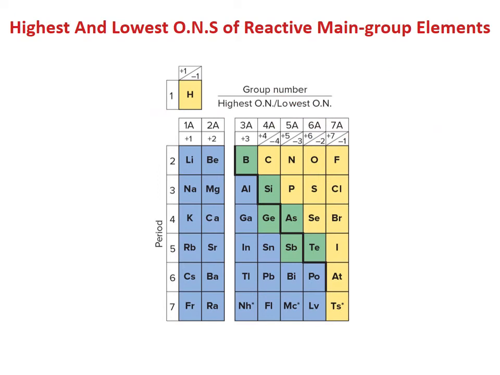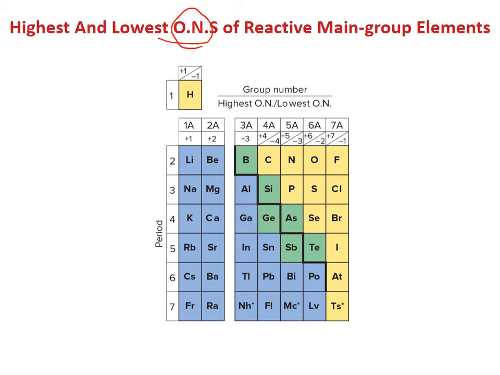Closely related to an element's tendency to lose or gain electrons is its redox behavior, that is, whether it behaves as an oxidizing or reducing agent, and the associated changes in oxidation number. For most elements, the group number is the highest oxidation number.